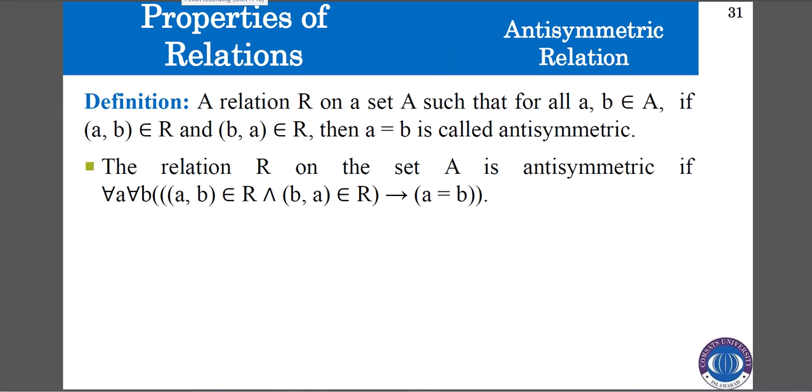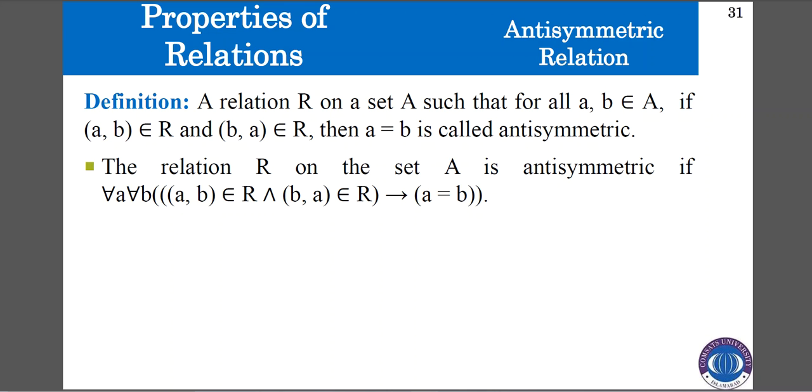Now we consider definitions. A relation R on the set A is called antisymmetric if for all a, b belonging to A, if pair (a, b) belongs to R and pair (b, a) belongs to R, then a equals b.